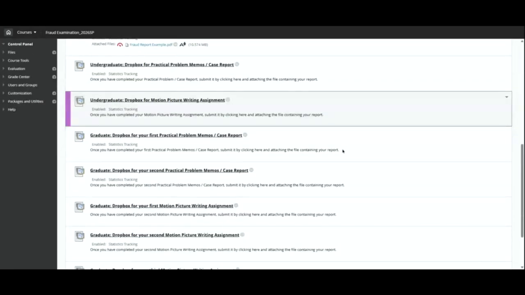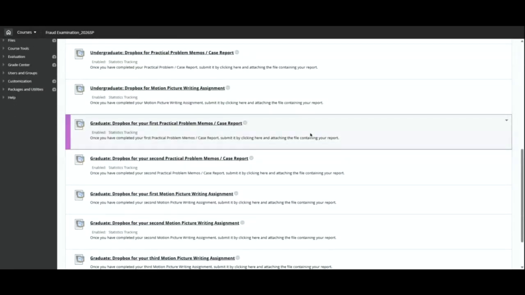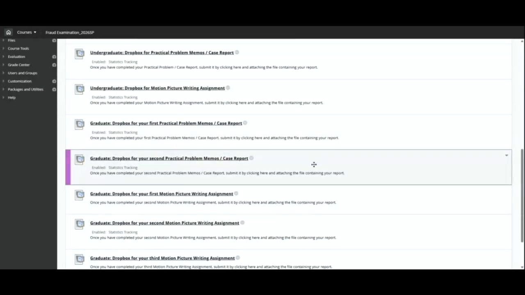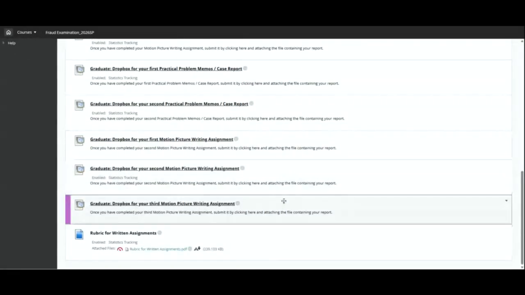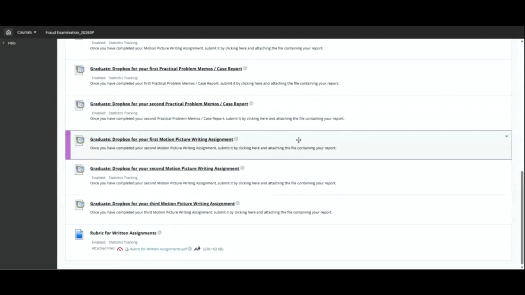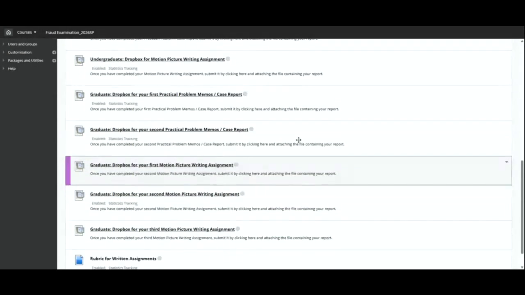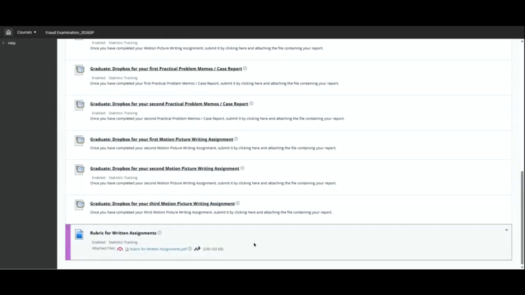Graduate, you get more work. First practical problem, Jenkins, goes in that first one. The aircraft maintenance company practical problem goes in the second drop box. And then you have 3 motion pictures to watch. Lucky you. And then I will be grading them based on this rubric.